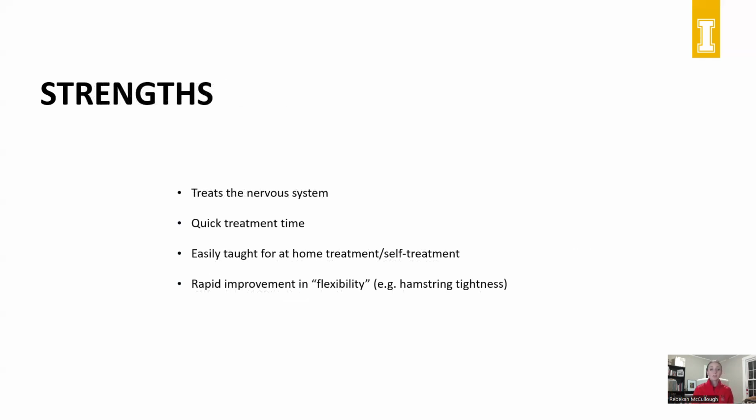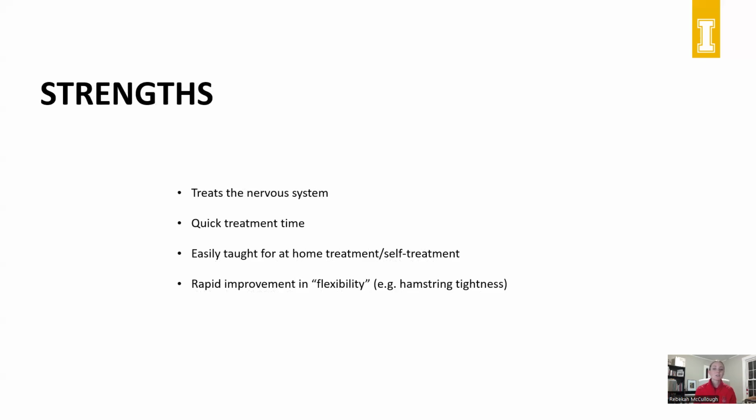So strengths of neurodynamics: you're treating the nervous system, which is awesome. It's not something that we think to treat as often or are taught to treat as often. So this is a great way to do that. It's a relatively quick treatment time. It's easily taught for home treatment or self-treatment as well, especially when you have more of those chronic conditions.